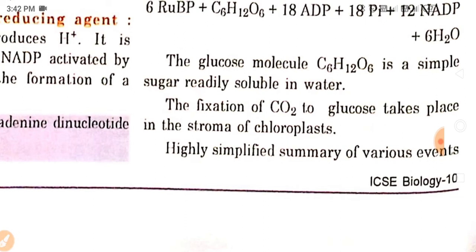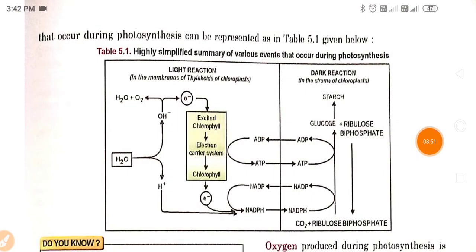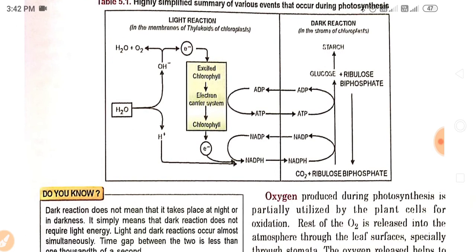A highly simplified summary of the various events that occur during photosynthesis can be represented as in table 5.1. So you can see that the light reaction occurs in the membranes of the thylakoids of the chloroplast. In this process, photolysis of water occurs.